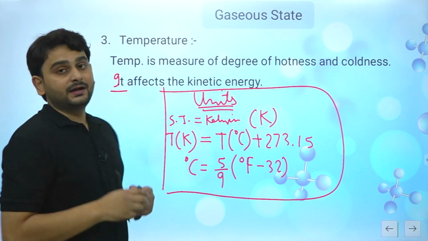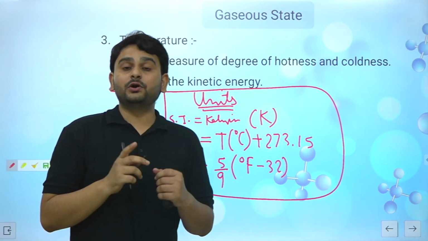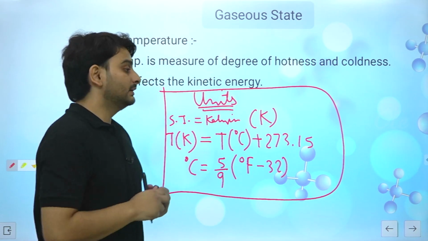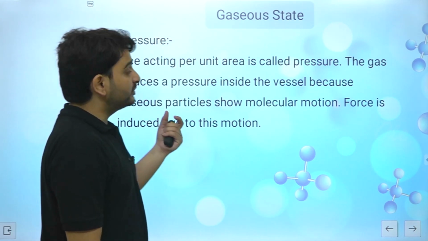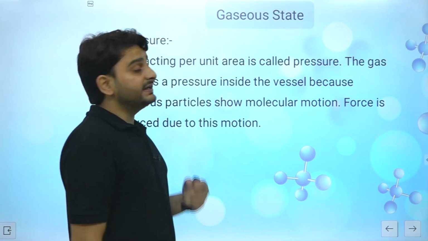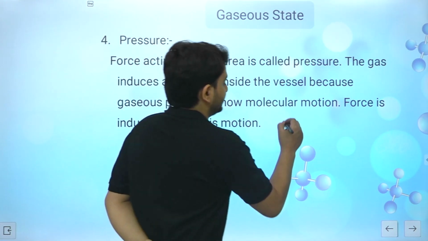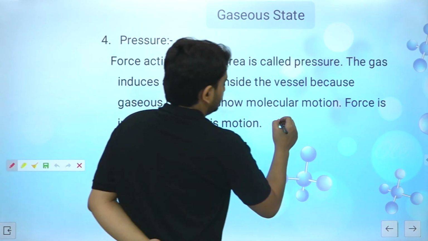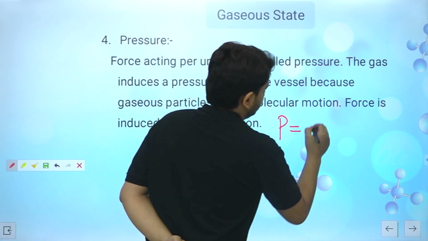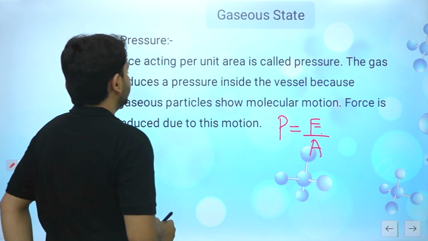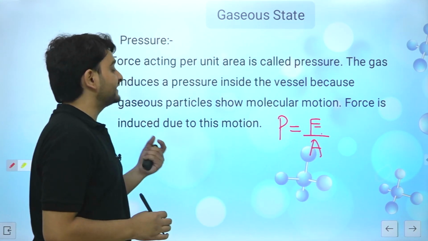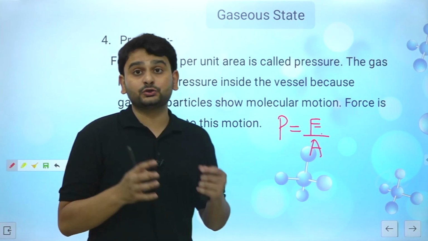All right. I hope it makes sense, and I'll move on to the next very important parameter, which is pressure. Force acting per unit area is called pressure. Pressure is defined as force upon area, right? The gas induces a pressure inside the vessel because gaseous particles show molecular motion.